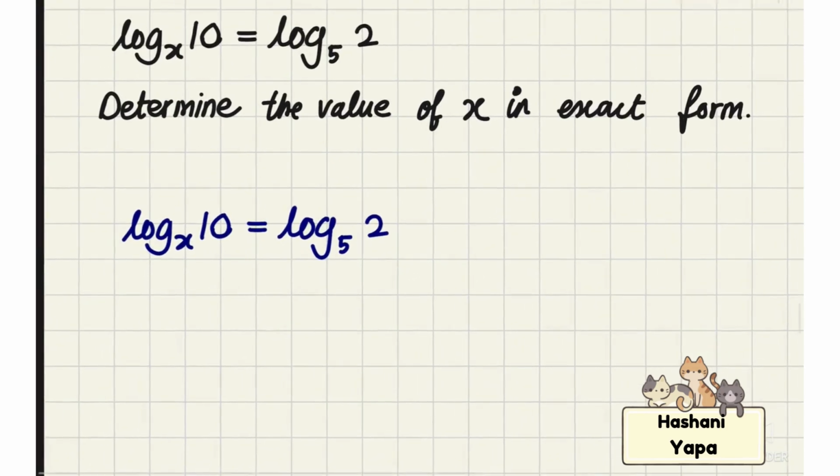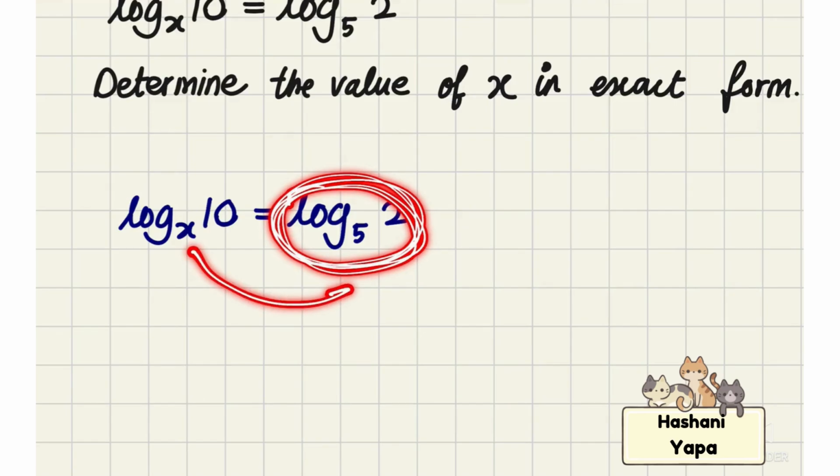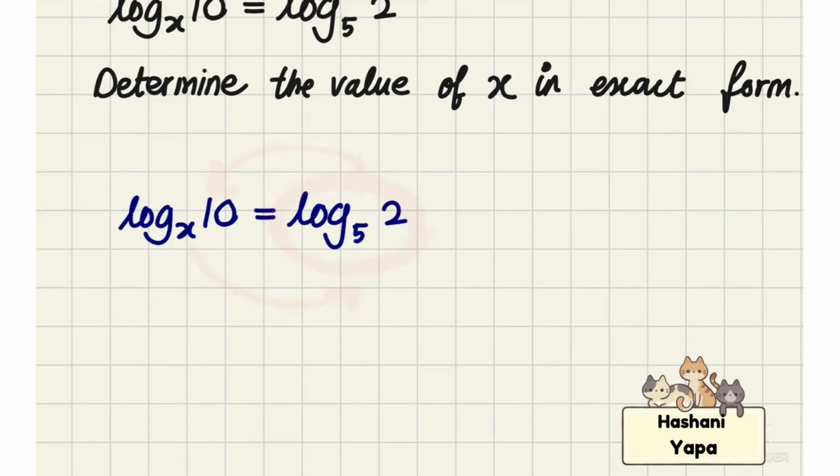Now you can take this log 5 2 as one answer. So you can write x to the power log 5 2 equals 10.